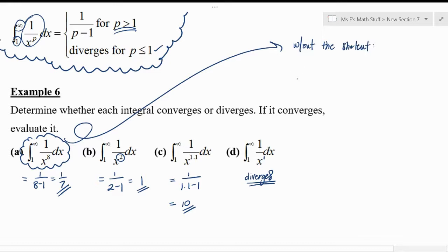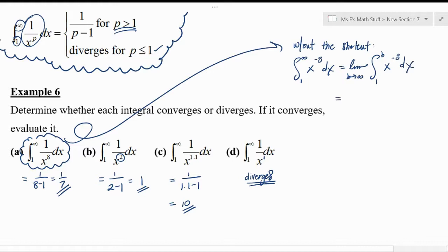You did the integral from 1 to infinity of x to the negative 8 dx. And then that would be the limit as b approaches infinity of the integral from 1 to b of x to the negative 8 dx.